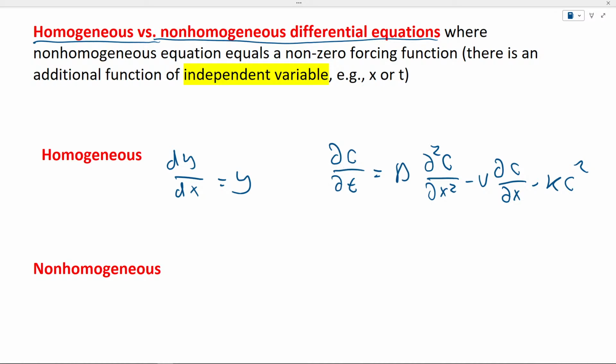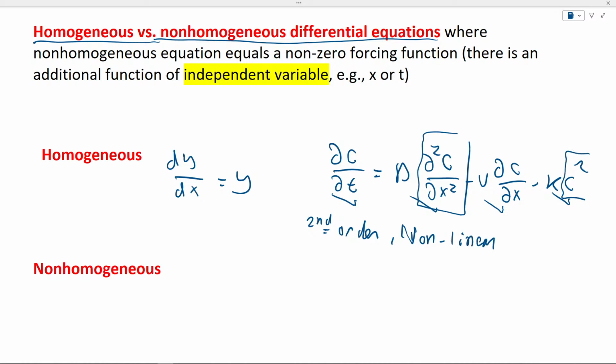Here, how my concentration is changing with time is equal to how my concentration is spreading, how my concentration is moving, and a decay term, how my concentration is decaying. This is second order because I have the second derivative here. It is nonlinear because I have c square here.